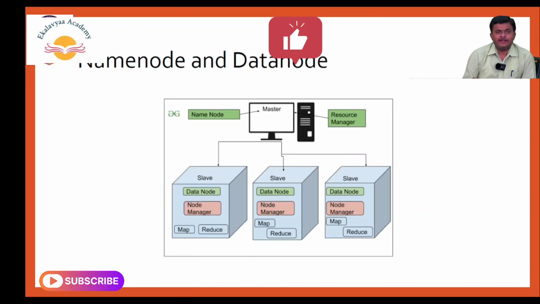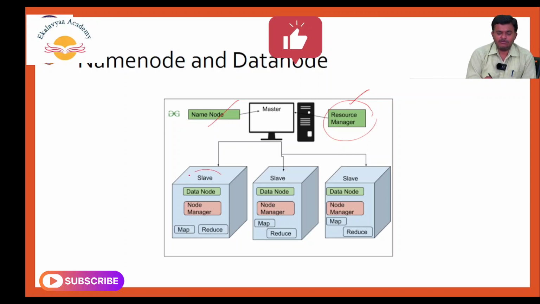Next, name node and data node. This is the name node, the master, which works based on the resource manager. It is responsible for maintaining all the resources in the HDFS cluster.